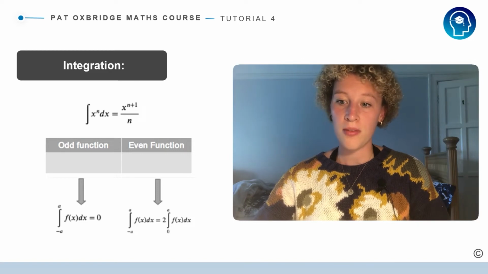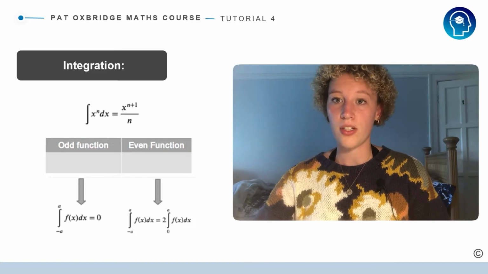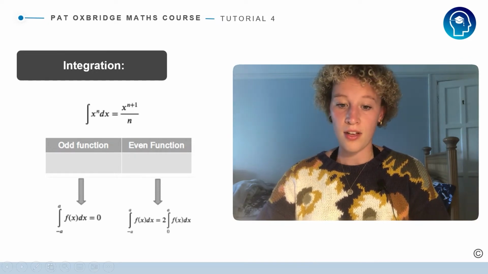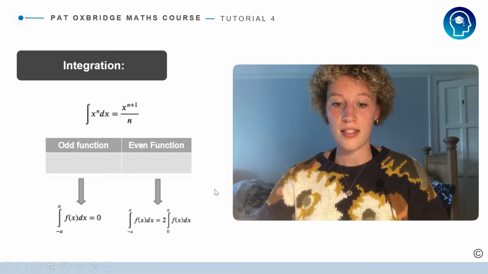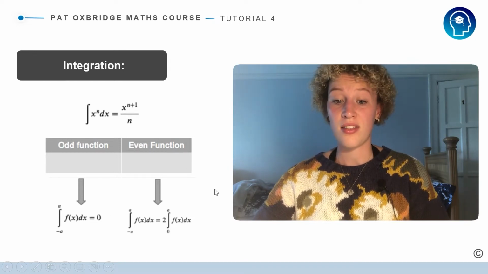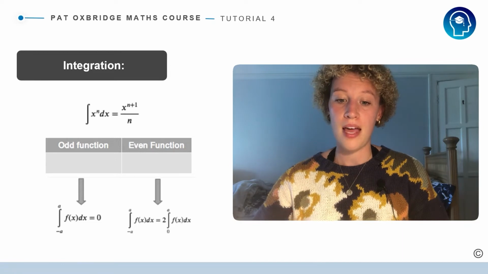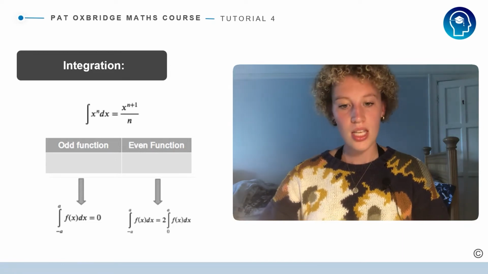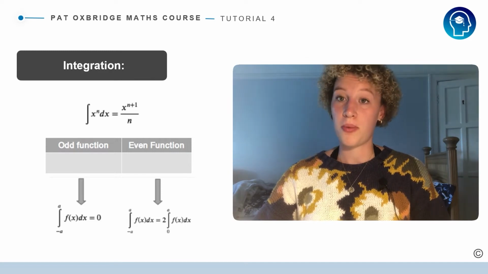So if you have a symmetric function, you know that it's going to be able to be reflected in the y-axis. And so, as you see here, the integration from minus a to a is just the same as twice that from 0 to a. And this is just because it's symmetric.